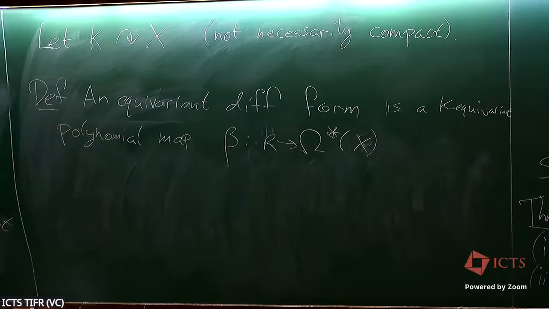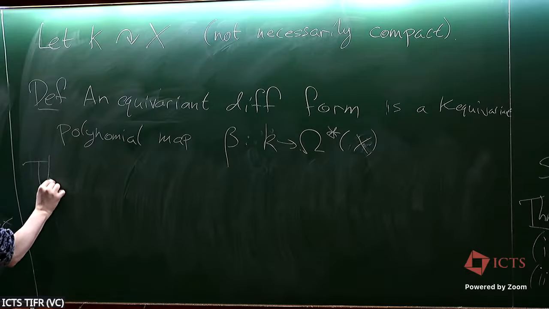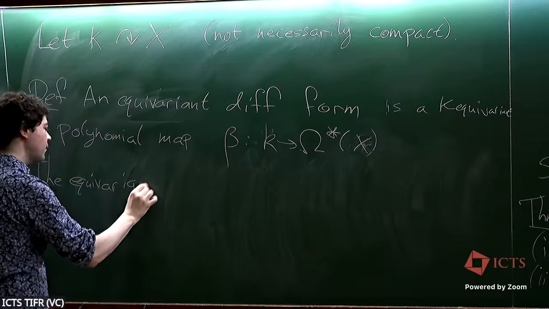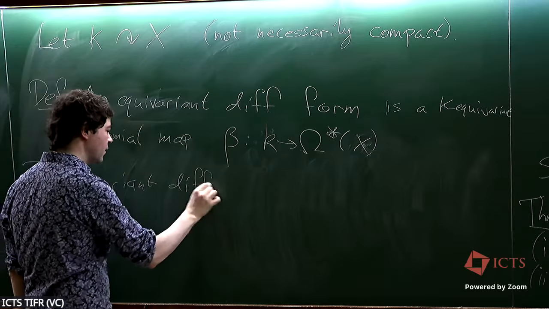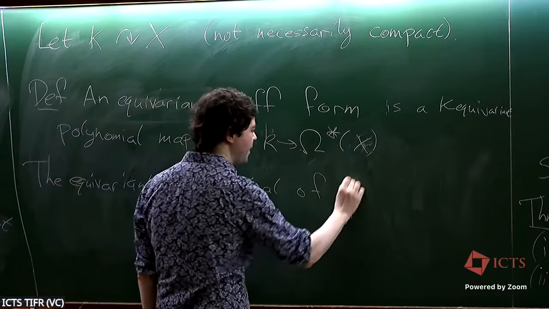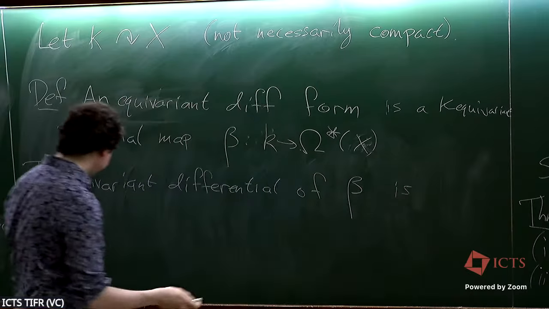Okay, so what do we do in differential geometry when we have a differential form? More or less, the first thing that we try to do is understand what the differential of a differential form is. So the equivariant differential of beta is the following.